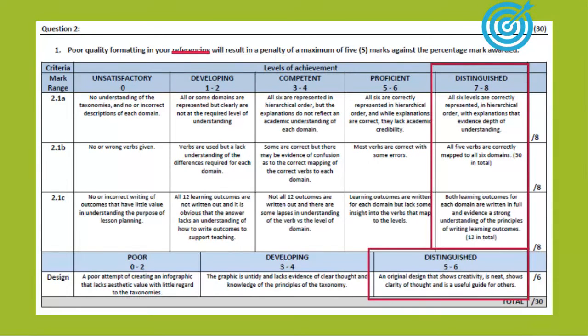So in total, you will have 12 learning outcomes. And then for the design of your infographic, you could earn a total of 6 marks. An original design that shows creativity, is neat, shows clarity of thought, and is a useful guide for others. Right, so any questions on question 2?